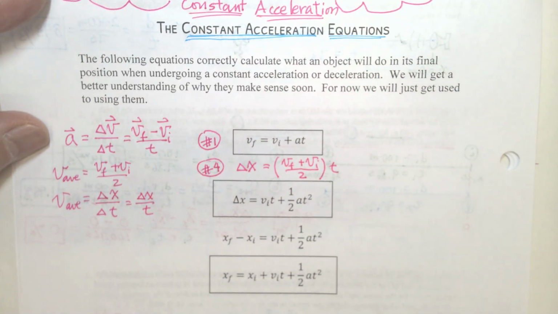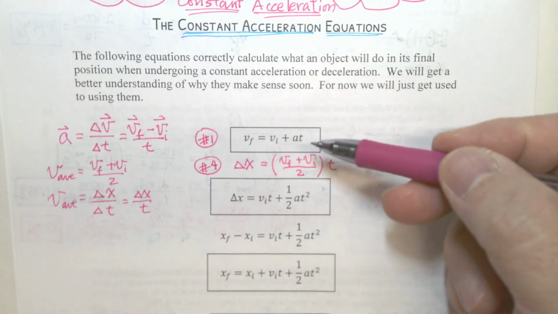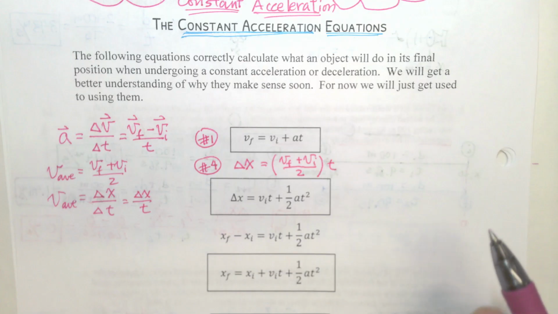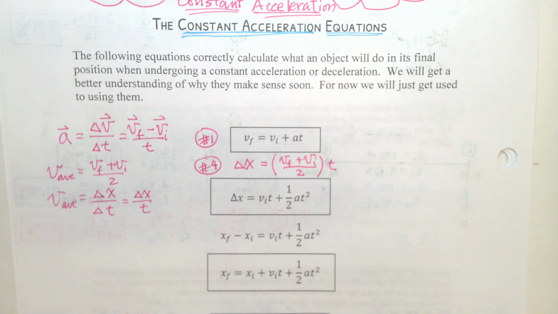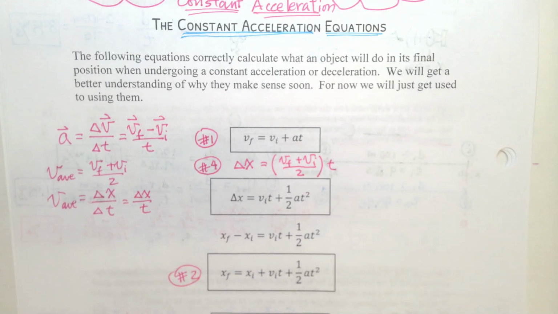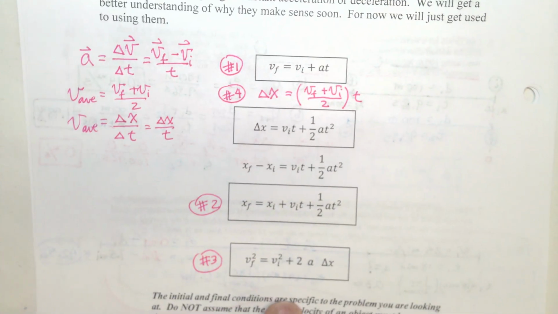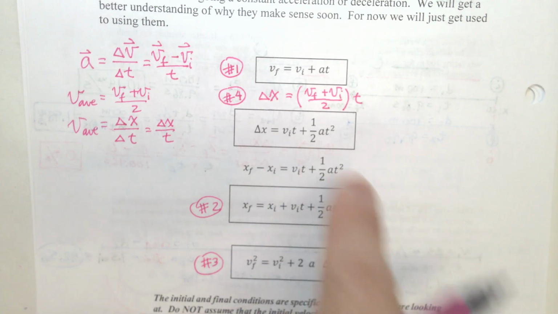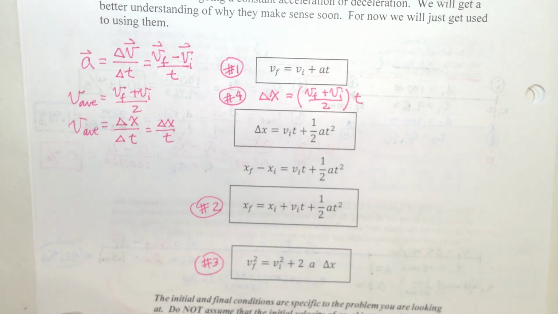And when I apply these two equations together, by solving for one of the variables and substituting into the other one, we get these other two equations. I'm going to call this equation 2, and this equation 3. I will talk about these equations in a little more detail next week and show you where they came from.